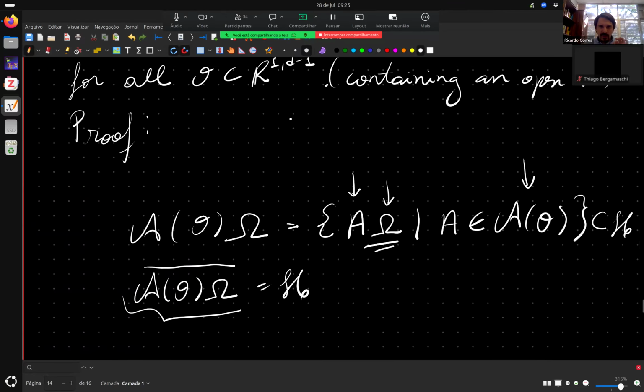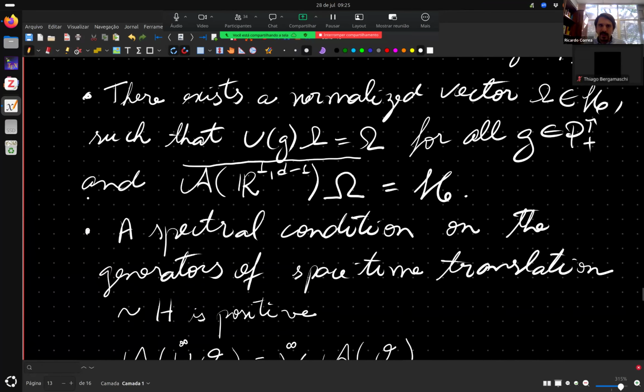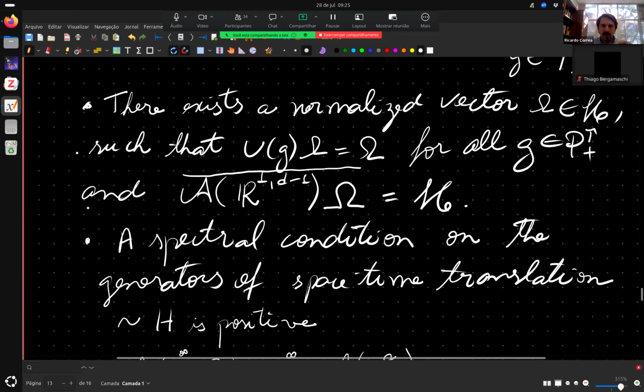So what I was stressing was the difference from the assumption that I stated here. This is the assumption that the vacuum is cyclic. These properties mean cyclic for the algebra when you take the whole Minkowski space, which means the operators are not local. I can get observables which are supported on the whole Minkowski space, not necessarily in a small region.